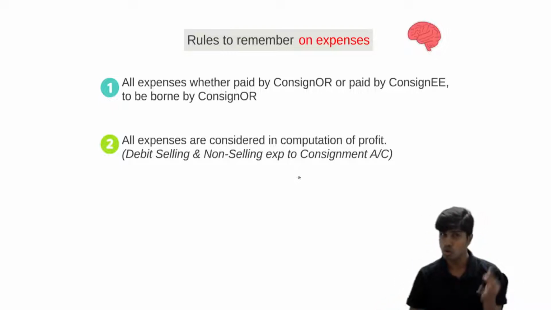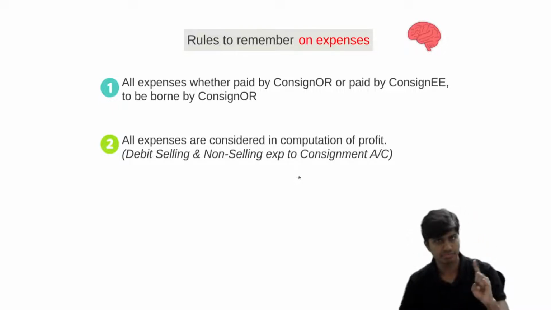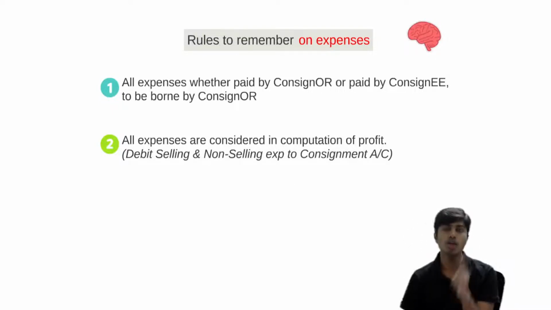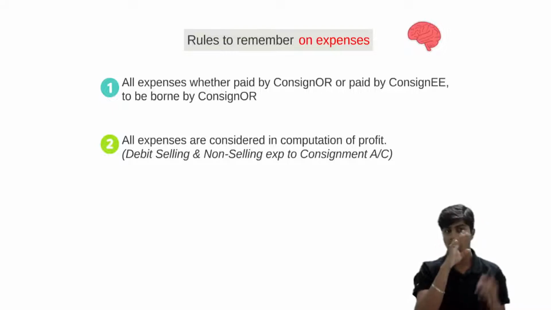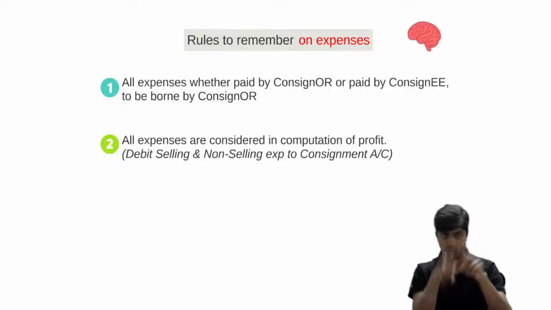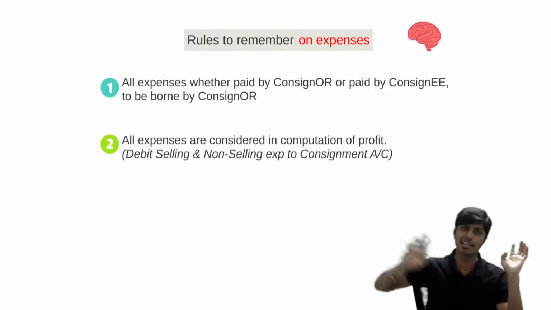Till the time goods reach consignee's godown, any expense incurred is non-selling expense. Once the goods reach consignee's godown, after that any expense incurred is selling expense.